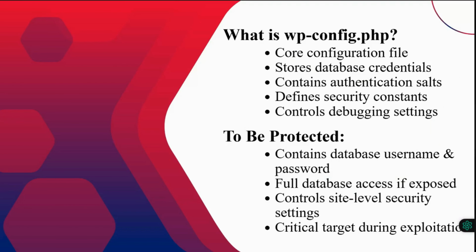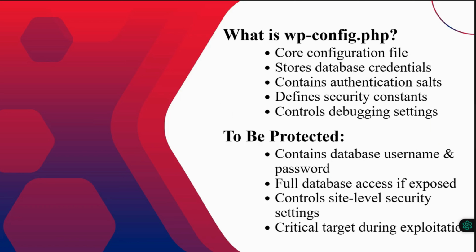What is wp-config.php? It is a core configuration file that stores database credentials, contains authentication salts, defines security constraints, and controls debugging settings. wp-config.php is one of the most critical files in a WordPress installation. It contains the database name, database username, database password, authentication keys and salts, and debug settings.